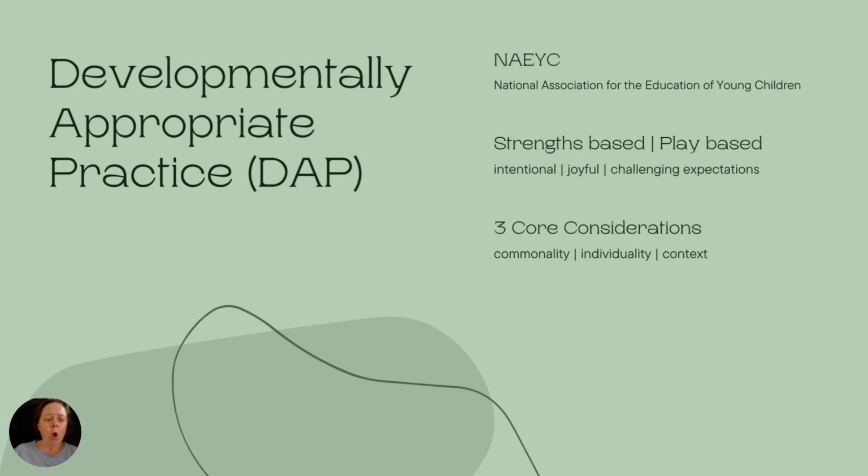We as early childhood educators are guided by the National Association for the Education of Young Children, the national organization that I belong to and many early childhood educators belong to. They have a position statement and detailed information about what developmentally appropriate practice is.